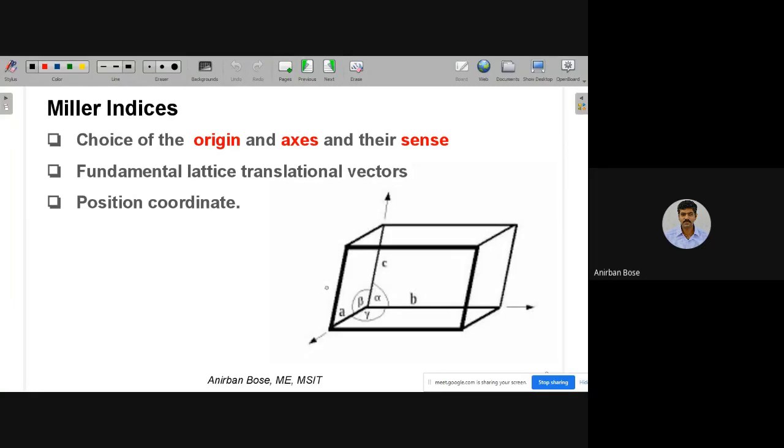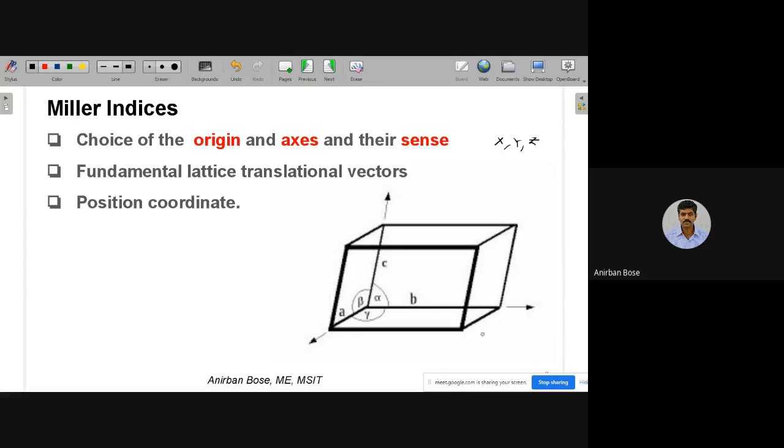That is why it is common practice that we generally do not represent this axis system as XYZ. The XYZ axis system is generally preferred for the Cartesian coordinate system, where the axes, remember, are always orthogonal to each other. So when we represent a crystal structure in general, remember the axes need not be orthogonal to each other.